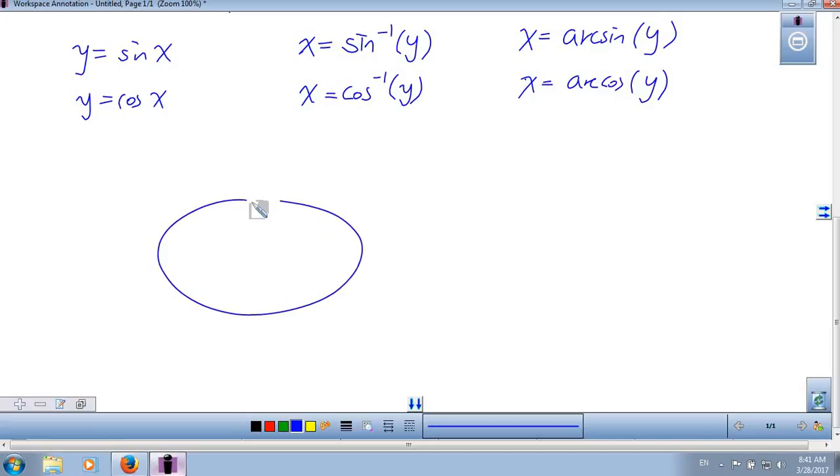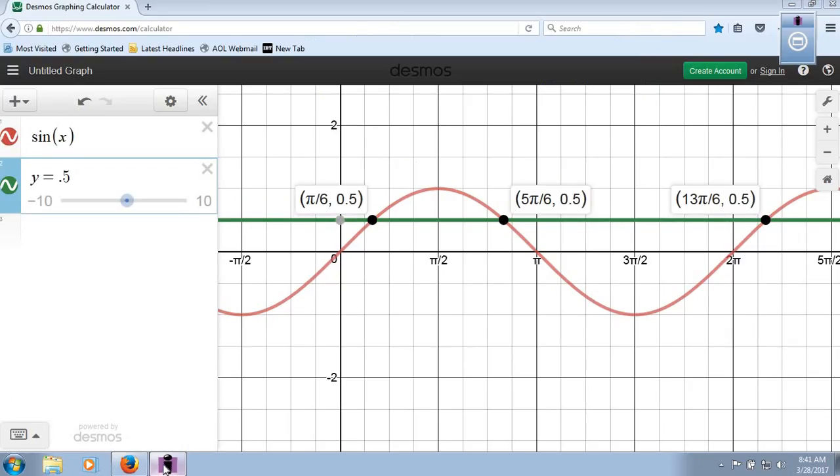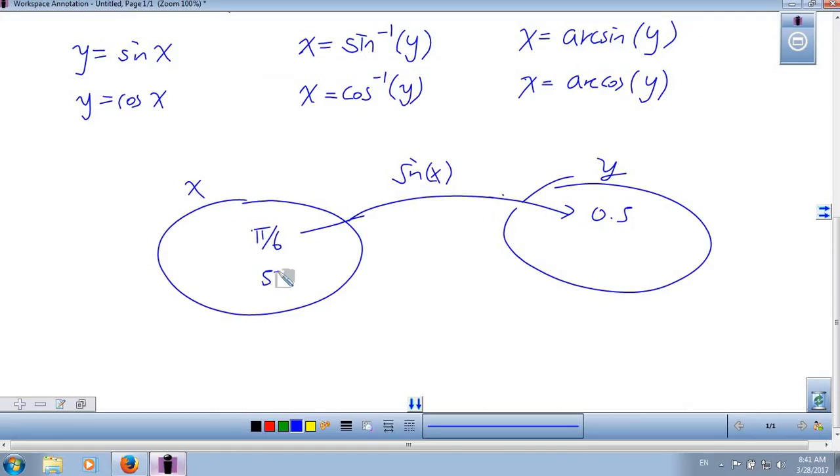So let's say we have this chart. My input is x, and through my sine of x, I get my output y. So if I put in pi over 6, I would get 0.5. But if I put in 5 pi over 6, I will also get 0.5.